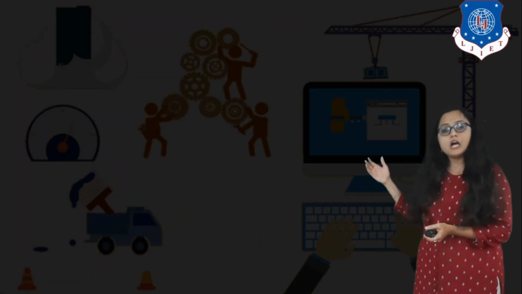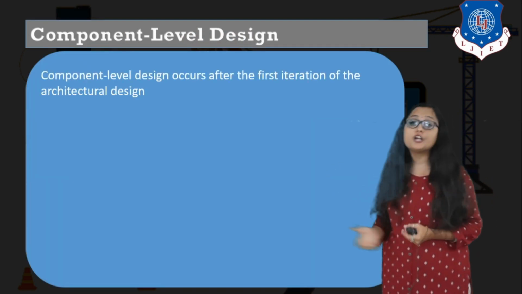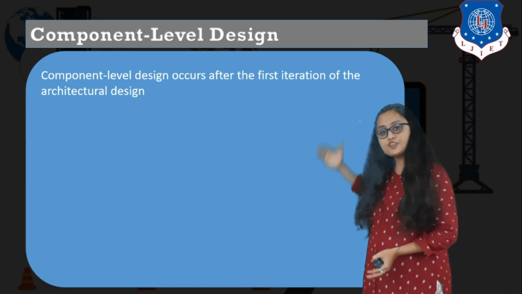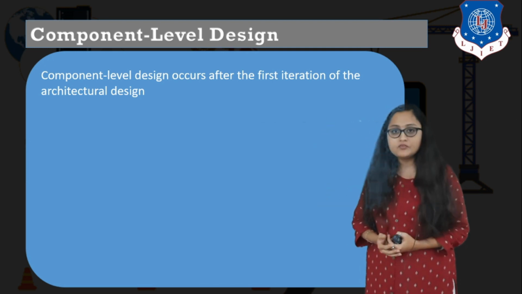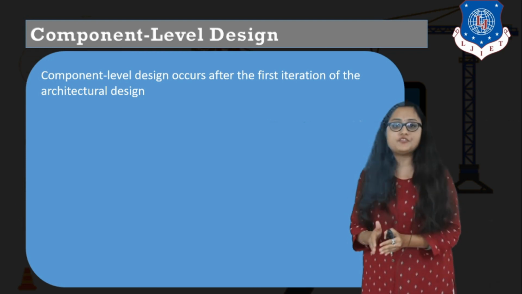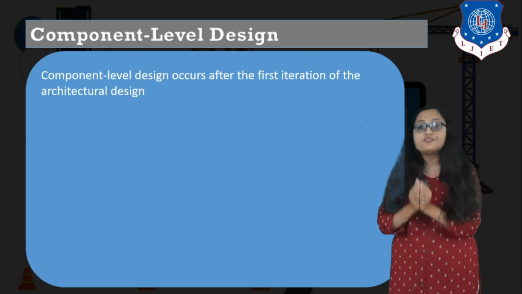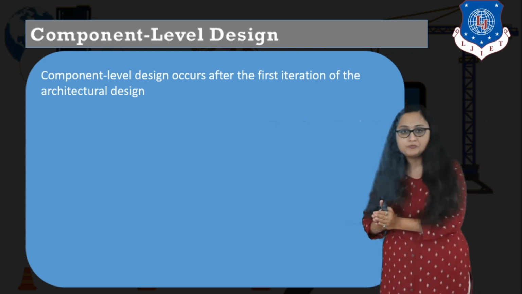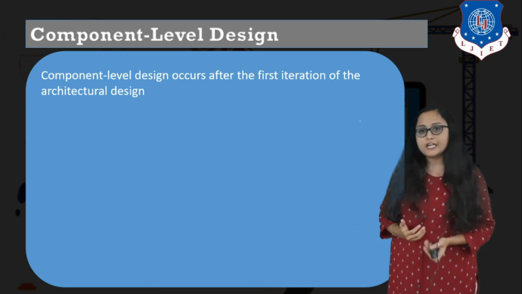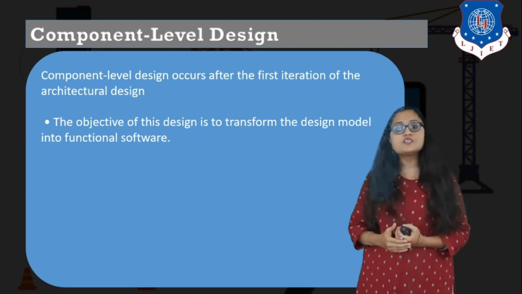Now let us study what we mean by component level designing. I have already told you what component level design is. But when does it occur in the SDLC phase? That is in the designing phase, after your architectural level design's first iteration is completed. Then it is time to actually design your components. What is the main objective of designing these components?